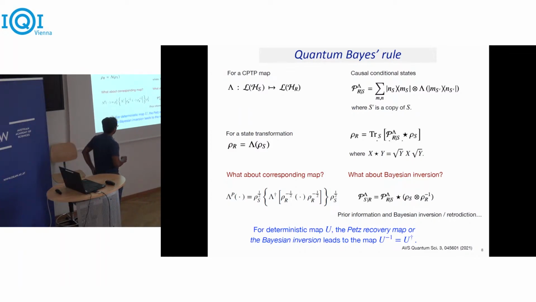The interesting point is that I shall mostly be restricting today to the case of unitary operations. Only recently people proved explicitly that for a unitary map, your phase recovery map would be just the inverse of it, and it does not depend on the prior state I was mentioning.